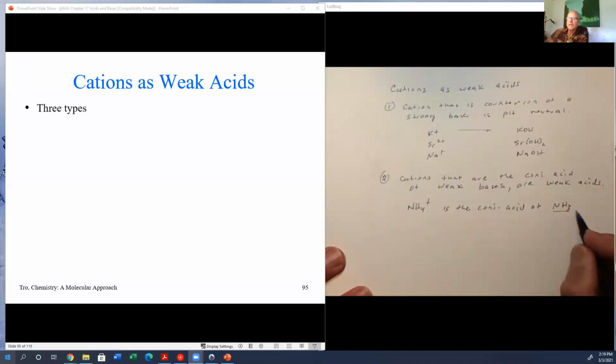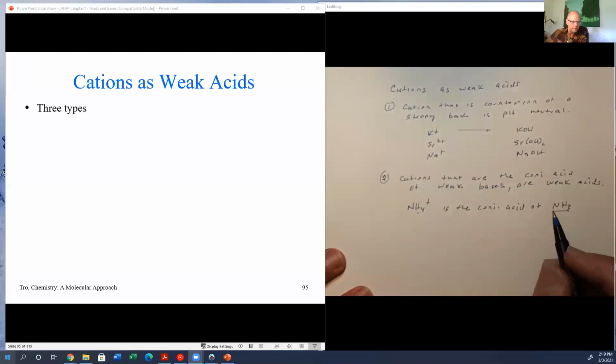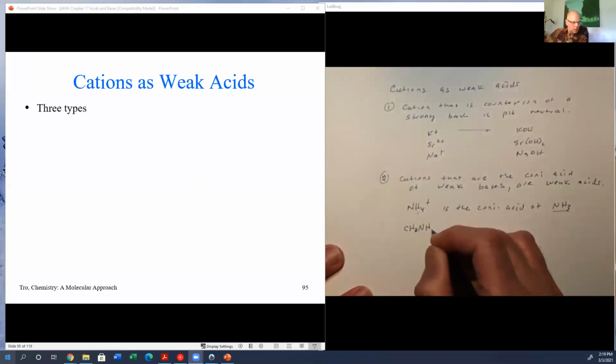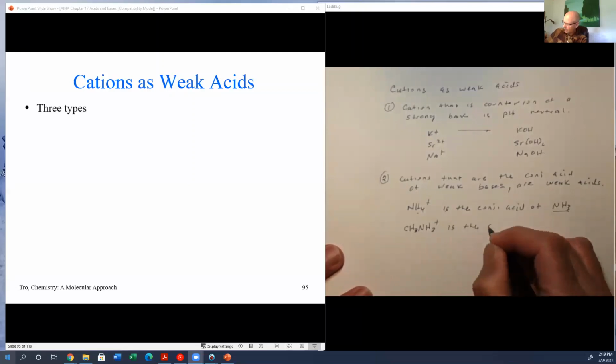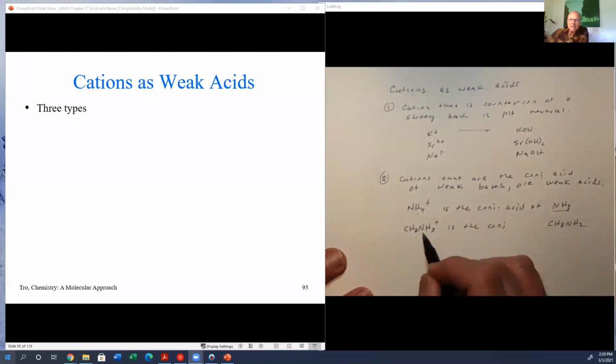What do you know about NH3? NH3 is a weak base. So NH4 plus is a weak acid. Things like CH3NH3 plus is the conjugate acid of CH3NH2. Remember, these nitrogen-containing organic compounds tend to be weak bases, so the conjugate acids of them are weak acids.